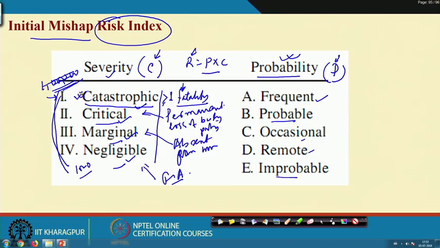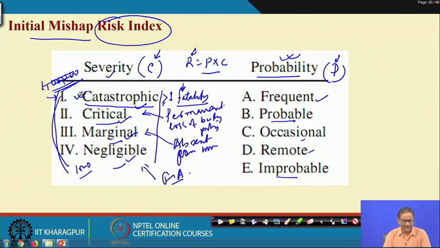Therefore, it is used for ranking. But from an improvement point of view, if catastrophic severity is there, it is to be reduced definitely, otherwise do not do this work. If it cannot be reduced, then the probability should be E, improbable.